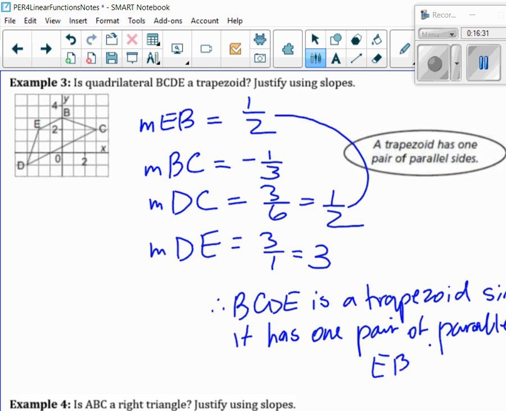EB is parallel to DC. This is the name of my quadrilateral here, BCDE. Because the question actually read, is quadrilateral BCDE a trapezoid? So I got to answer the question. It's kind of like on a test, if I said, you know, Melissa did this question, is she correct? Justify. If you don't actually say if she's correct or not, I can't give you full marks, right? So you got to make sure you're answering the question there.